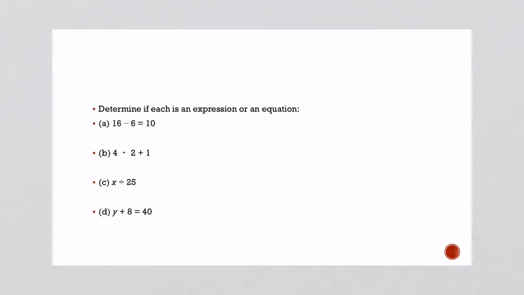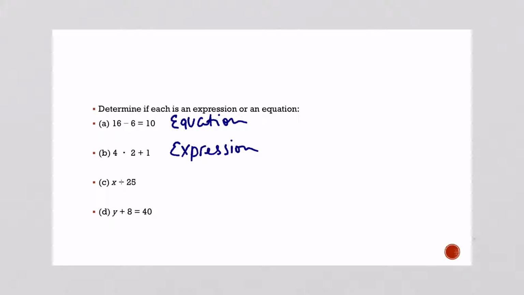Okay, so let's take a look at this one. We are going to determine if it's an expression or an equation. This top one, A, has an equal sign, so we would say that it is an equation. The next one, I don't see an equal sign in it, so we're going to call that an expression.